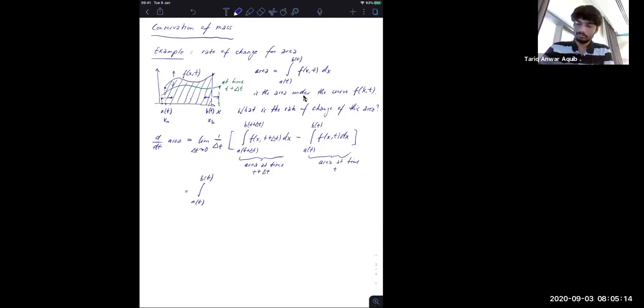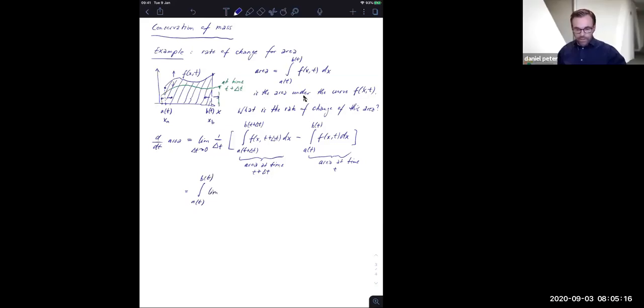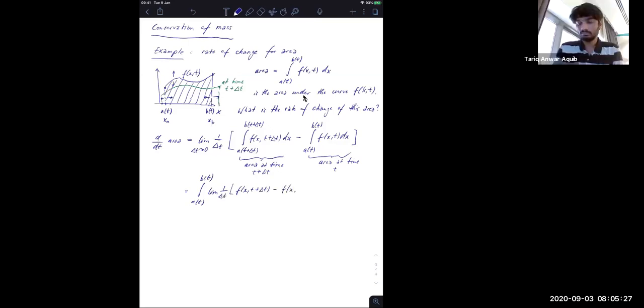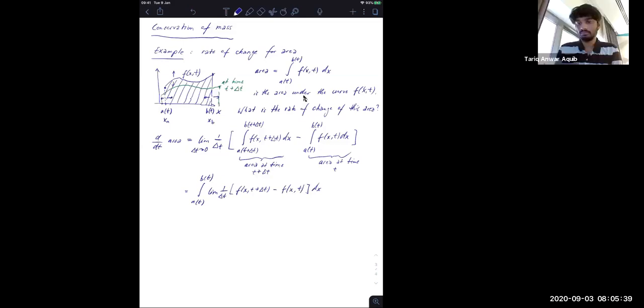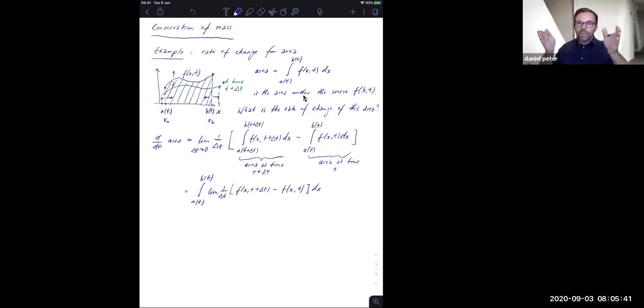Then we can take this limit inside and look at the limit of the curve f of x at time t plus delta t minus f of x at time t, dx. So this one is now keeping the boundary fixed, and we only look at how the function changes between A and B.